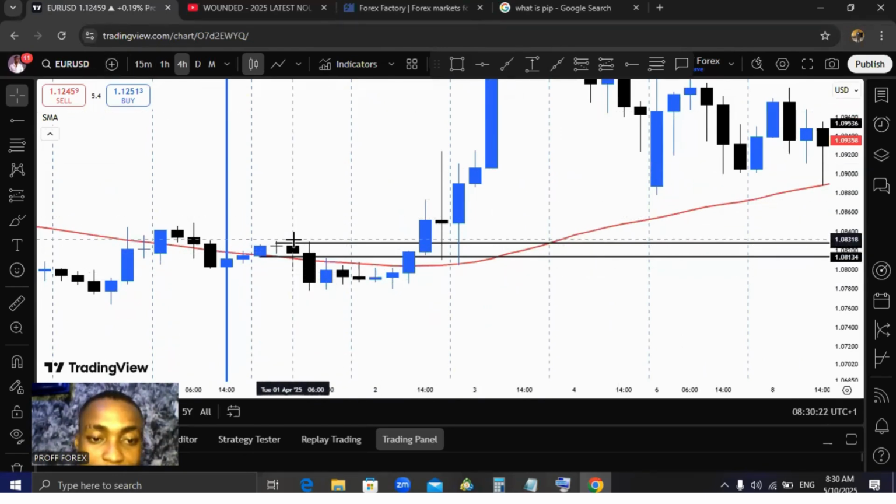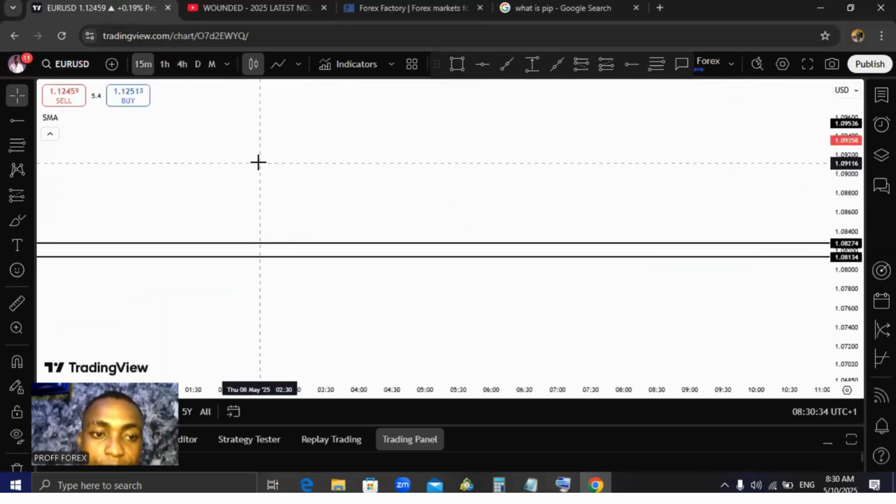The first candle wicks out and it got rejected by buyers, push up. Then the fourth candle breaks out. Immediately it breaks out, we see more sell. Let me show you. Let me go to 15 minutes.